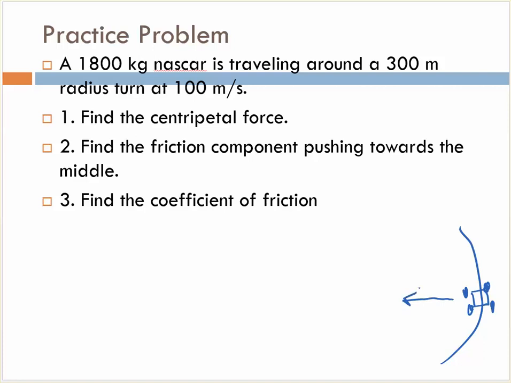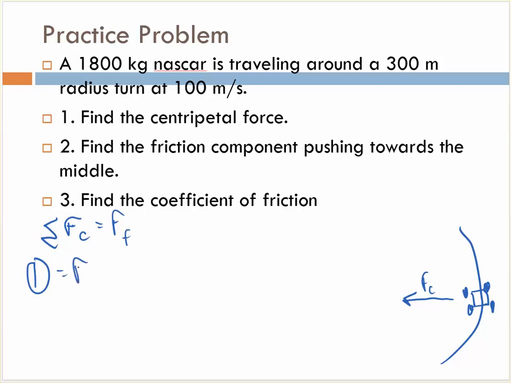Well, our centripetal force then is equal to what is supplying this centripetal force? Well, it's friction between the tires and the road. Our centripetal force equation is mv squared over r.